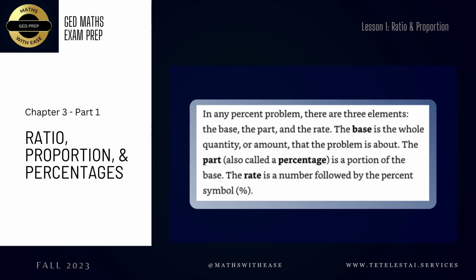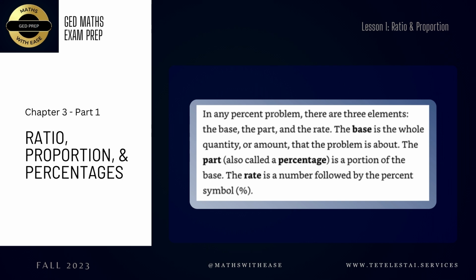And as we discussed several lessons ago, if you want to think in terms of shapes, the base would be, let's say, a circle that's divided into 3 parts with all 3 parts grayed out. So 3 would be your base number. So again, the base is the whole quantity or the amount that the problem is about. In this example, our base is 3.